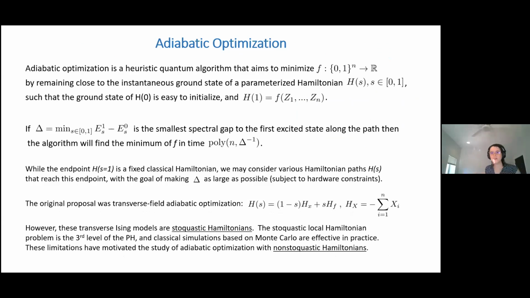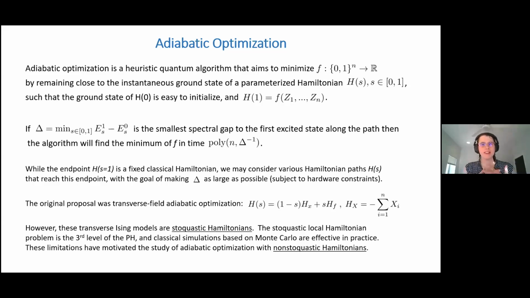Okay, so now I'm going to tell you about a quantum algorithm, one of the most well-known quantum algorithms, and I think one that is appealing to physicists, and it is called adiabatic optimization. It is proposed as a heuristic quantum algorithm that aims to minimize some real valued function on the space of n-bit strings. This is the problem of combinatorial optimization in computer science.